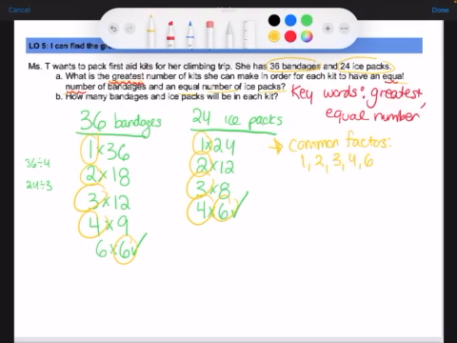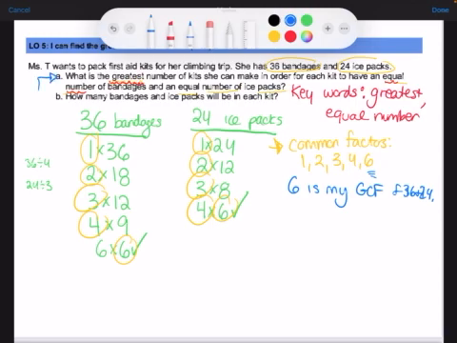This step is super important because now that you have them listed out, I see, aha, 6 is my GCF. And it's the GCF of 36 and 24.